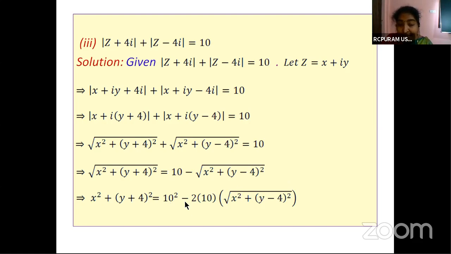10 square minus 2 into 10 into root of x square plus y minus 4 whole square, plus this is the b square term, isn't it? So b square, when I take root, gets cancelled. Then you will be left with x square plus y minus 4 whole square. Now further we will expand it.